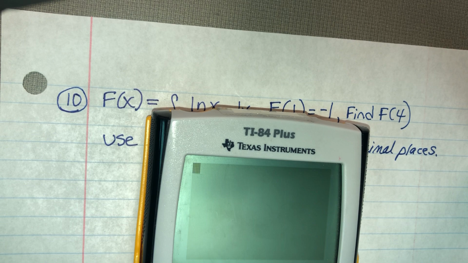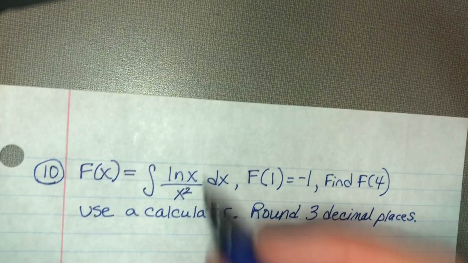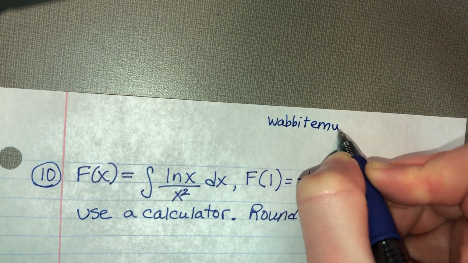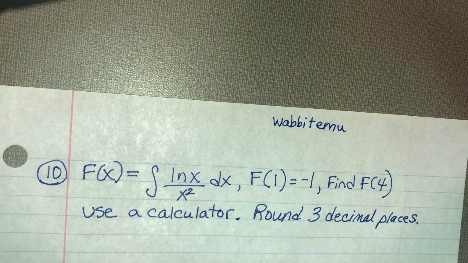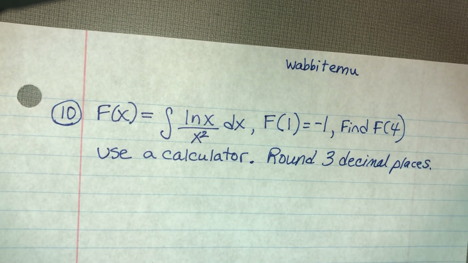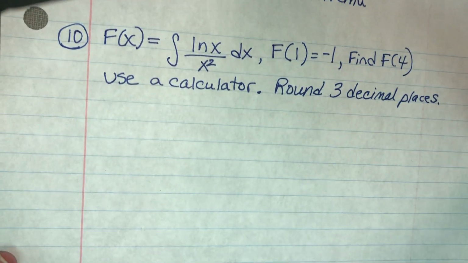Or on Android phones there's the Wabbitemu free app that does the same thing as this graphing calculator, but you're going to need a calculator for this. So email me if you're having calculator issues.